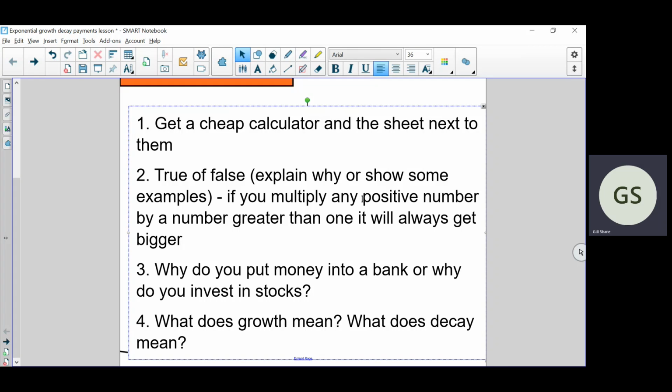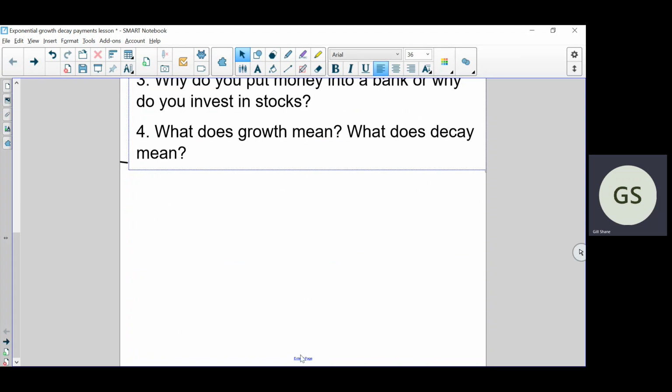Sometimes I show the math on this, but because I want to cover a lot of stuff, I'm not. Now, the opposite is true. If you multiply times a number less than 1, then it will get smaller. Definitely smaller if it's a positive number. So again, I'm going to give you the short logical version.